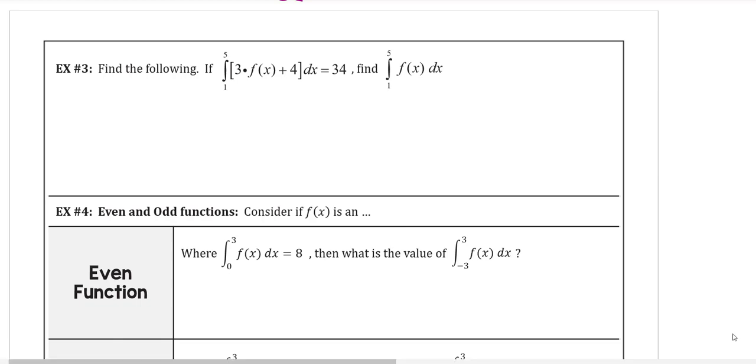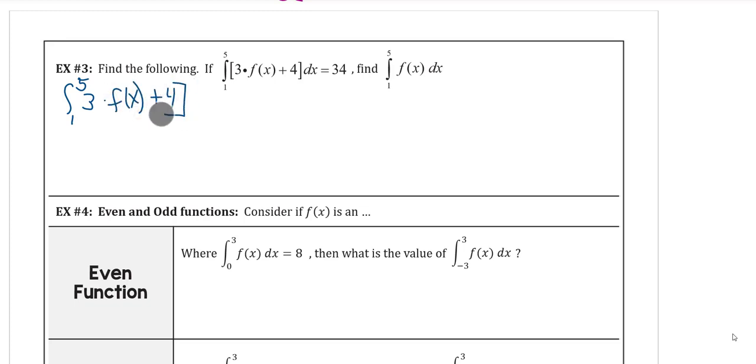So what we want to do is take the integral that is given and break it down using the properties so we can solve for just the part that we want. We can use pretty much four properties here. We're going to rewrite this into two integrals because we have that addition.